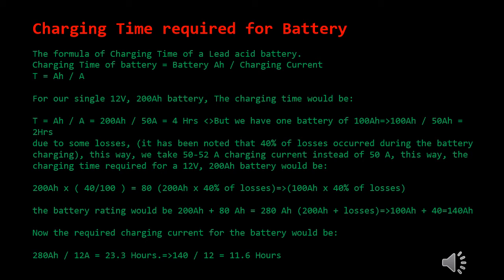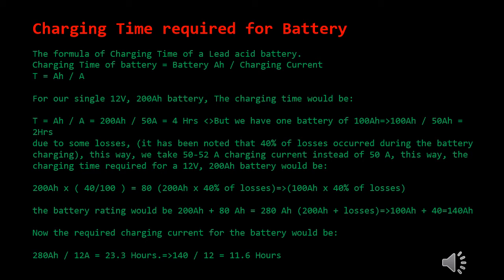For our single 12 volts 200 amps battery, the charging time will be T is equal to AH over A. Our AH is 200, our A is 50, which will be 4 hours. So one single battery will take 4 hours to be charged completely or full.